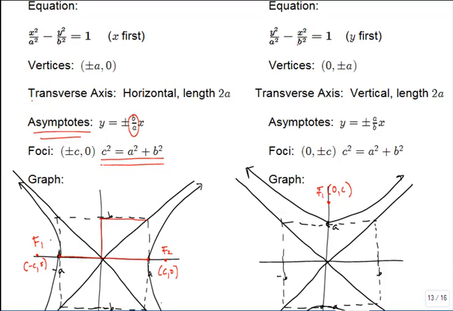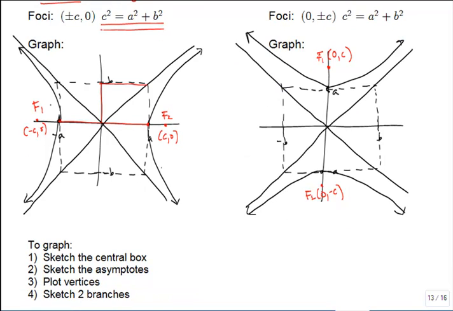And then the number under the x, we're going to take the square root of that, and we're not going to plot any points, but we're going to mark some little marks so that we can create the box that is formed by going b to the right, b to the left, up a, and down a. So we get this imaginary little box.